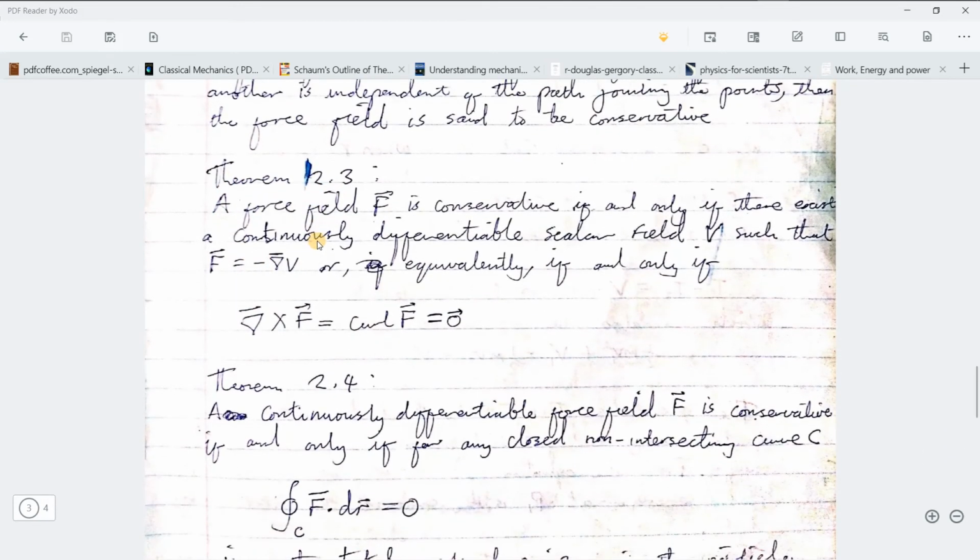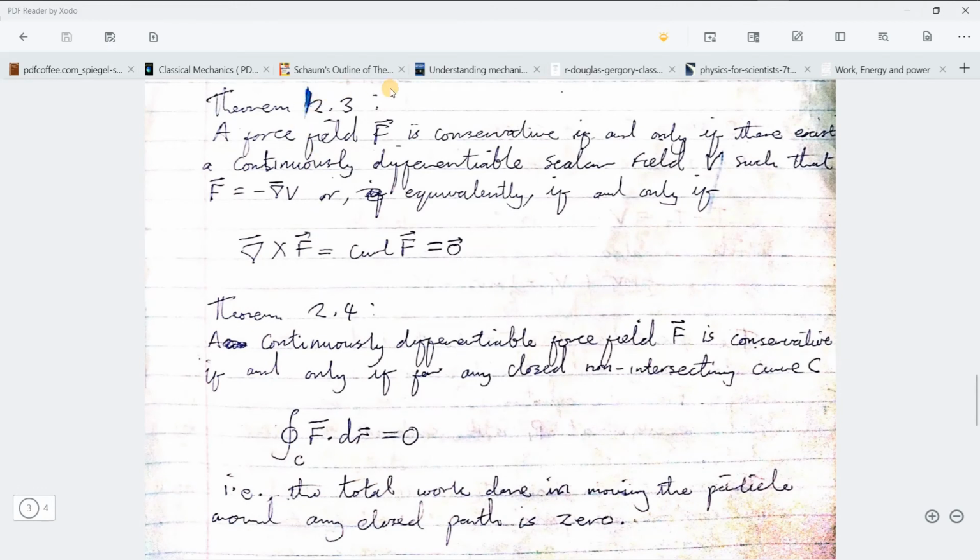Let's look at theorem 2.3 here. Theorem 2.3 is saying that a force field F is conservative if and only if there exists a continuously differentiable scalar field V such that F is equal to minus del V. You can read this as minus del V, or minus grad V. It's the same.